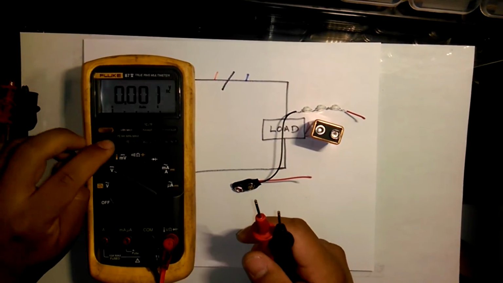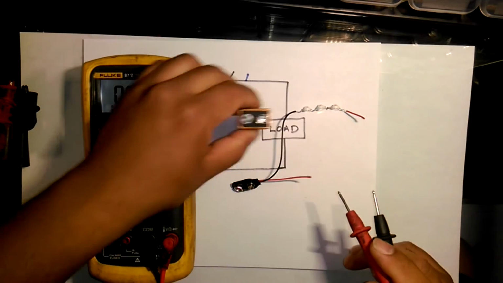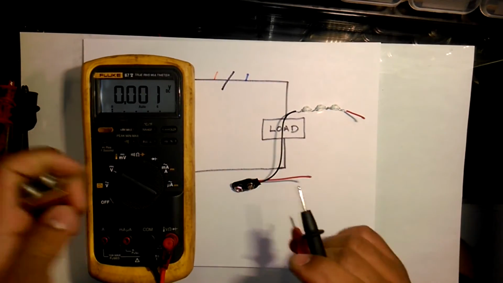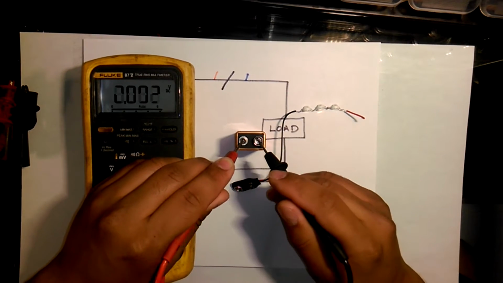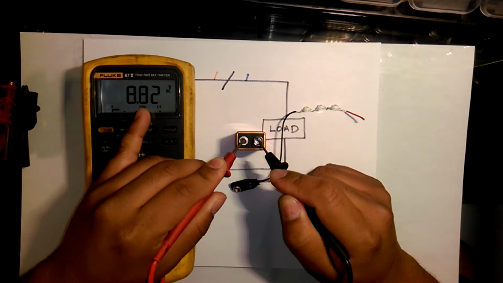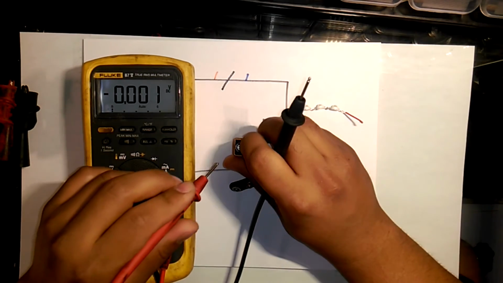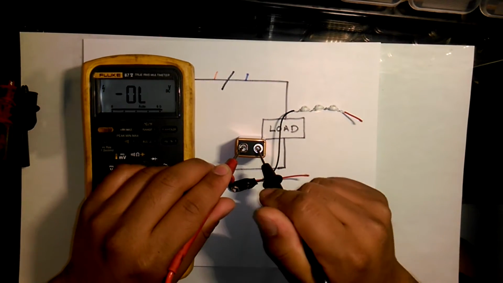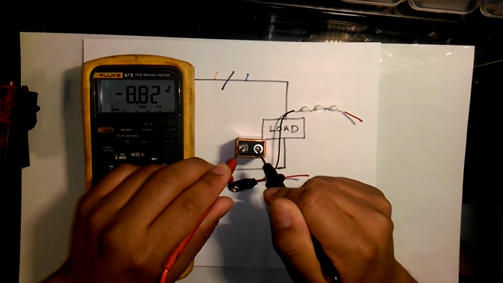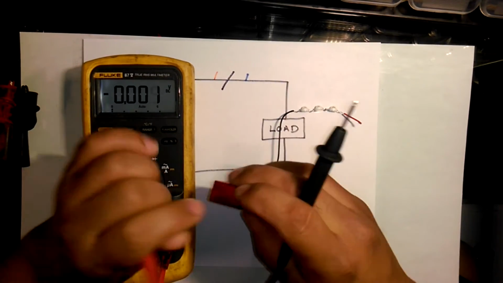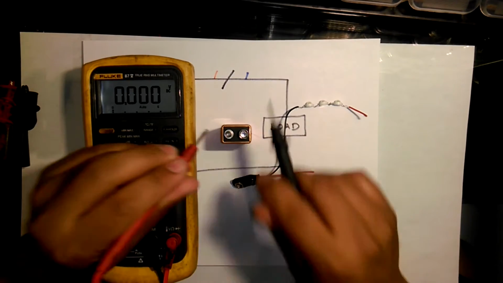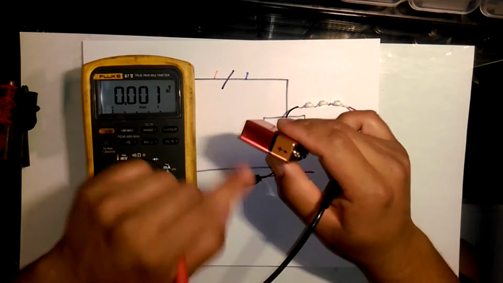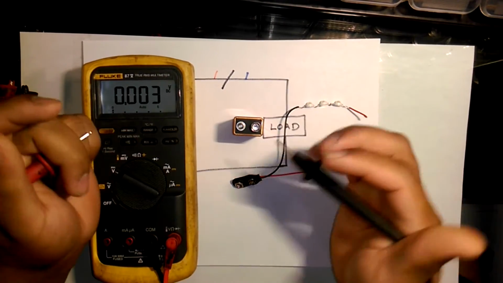I'm going to set it to voltage, and we're going to put the red lead on the positive and the black lead on the negative. And we get a positive 8.82. If we were to switch this, we get a negative 8.82. So even our multimeter is telling us that there's something special about this pole here. The positive pole gives you a positive number, and the negative pole gives you a negative number.